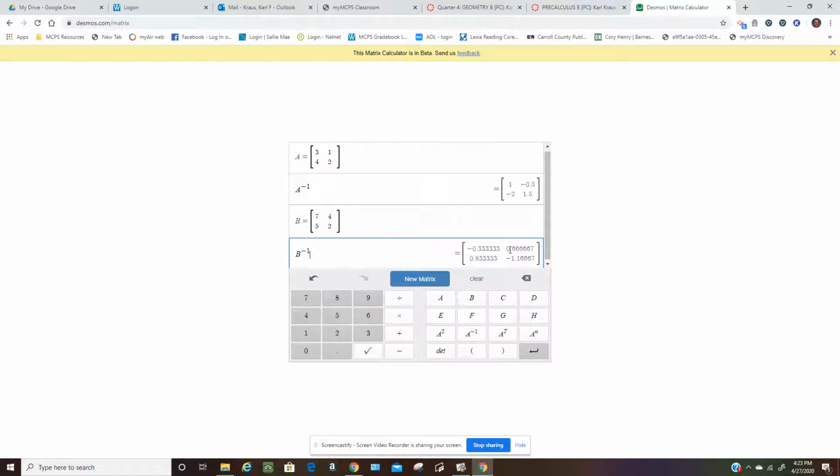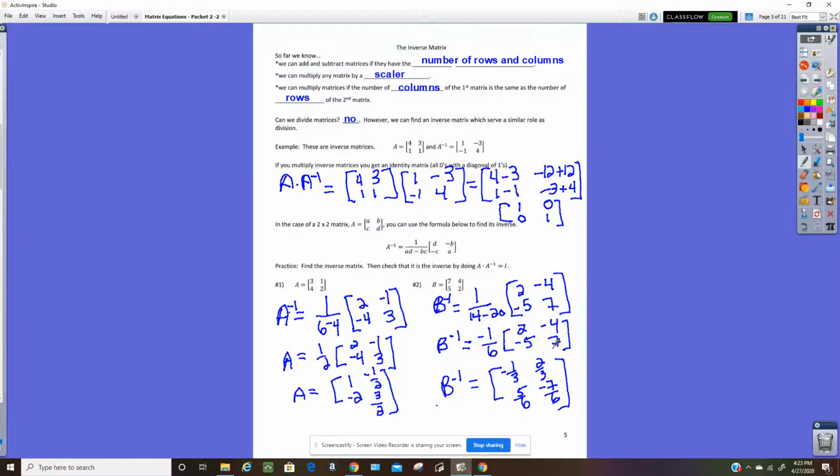But, all right, so let's go back here. So that's how to find the inverse of a 2x2. Showed you on the other video, so how to find the inverse of a 2x2.